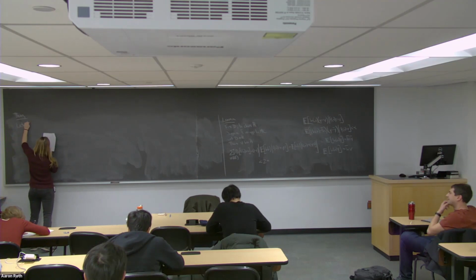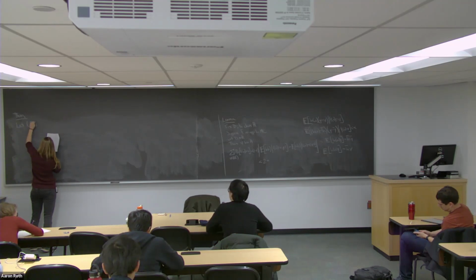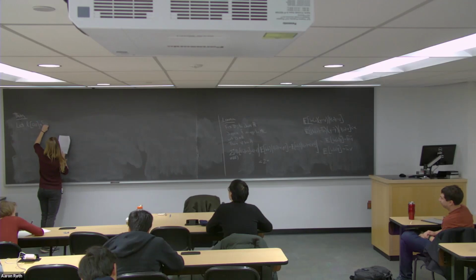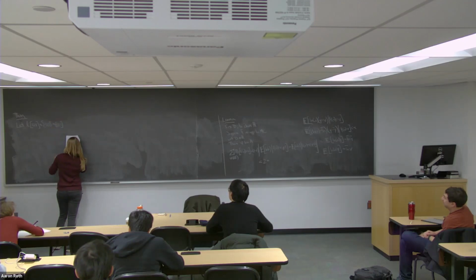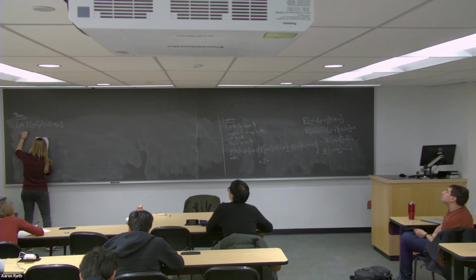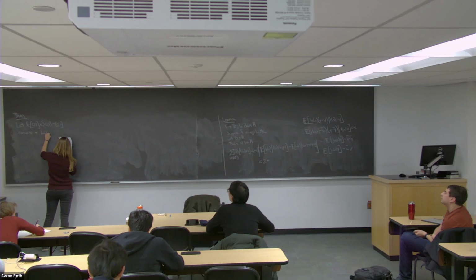So we'll have a bounded loss function. And it will be, let's say it's both convex, to be able to use Jensen's Inequality, and Lipschitz.